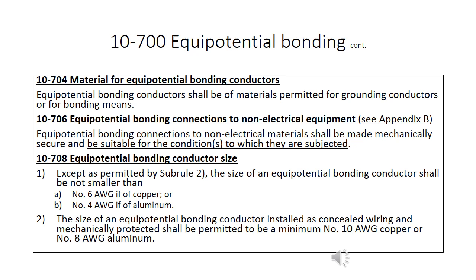Now, Subrule 2, the size of an equipotential bonding conductor installed as concealed wiring and mechanically protected shall be permitted to be a minimum size of number 10 copper or number 8 aluminum. When using Subrule 2, please consult your local authority having jurisdiction for further information.